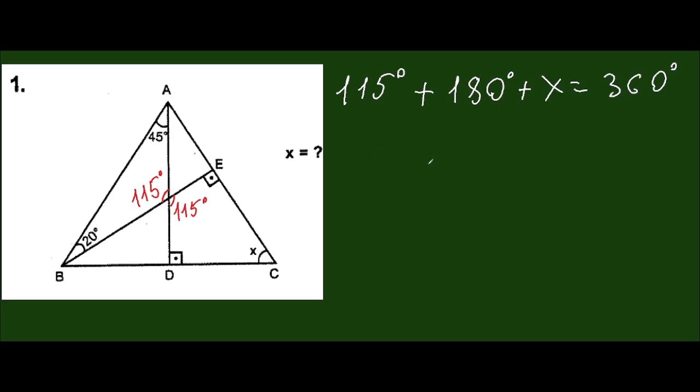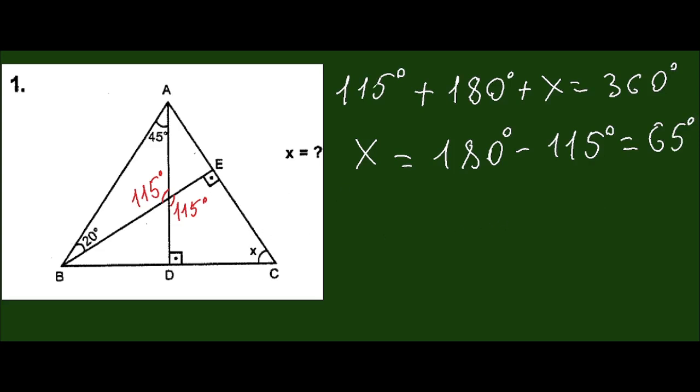From here we can subtract 180 degrees from both sides, and it will be like we can add up this, and it will give us 115 degrees, and it will equal to 65 degrees.